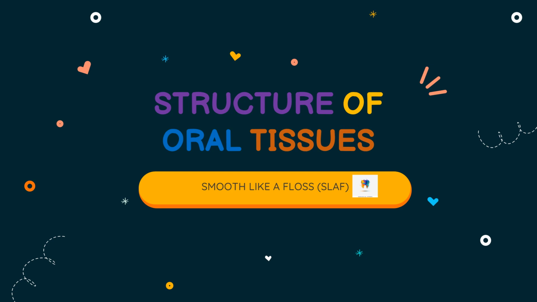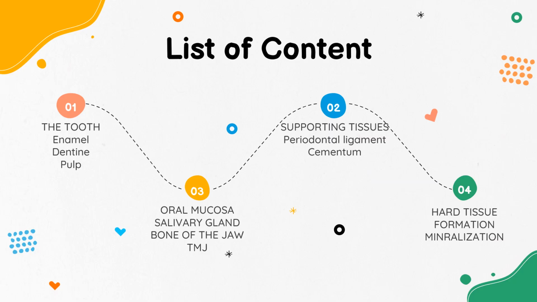So in this video we will be covering our last topic of this chapter, that is structure of oral tissues, and by the end of this video we will be done with this chapter. What we covered till now is that we are done with the tooth and have a basic idea about enamel, dentine, and pulp.